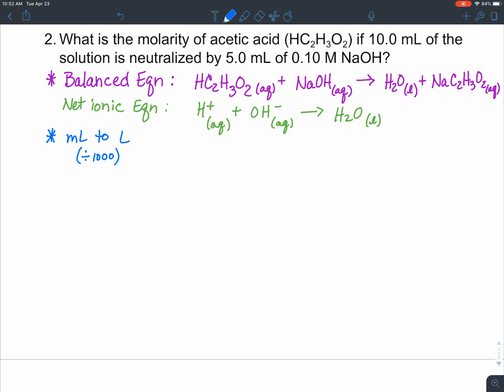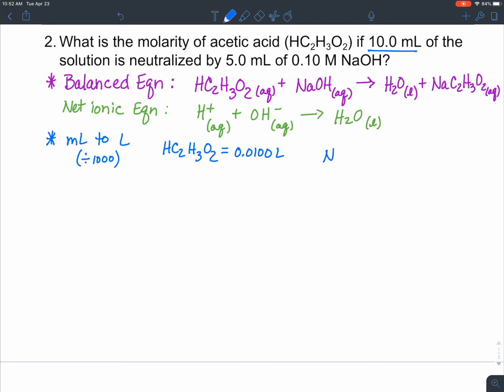And so for our HC2H3O2, we originally had 10 milliliters, and so 10 divided by 1,000, we're going to get 0.0100 liters.